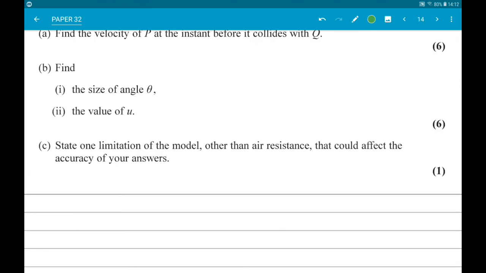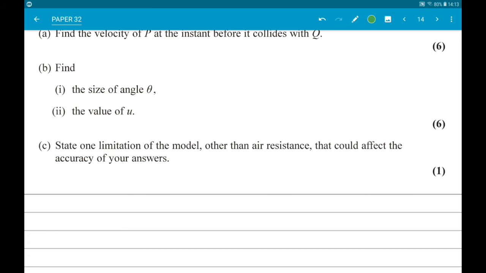Final question. State one limitation of the model other than air resistance which could affect the accuracy of our answer. Alright, first up, wind and air resistance are not the same thing, so if it's outside, it's probably going to be windy or even raining, so that would mess things up.